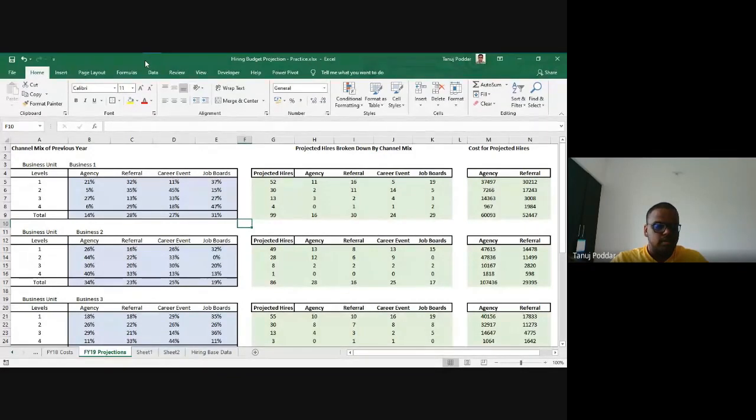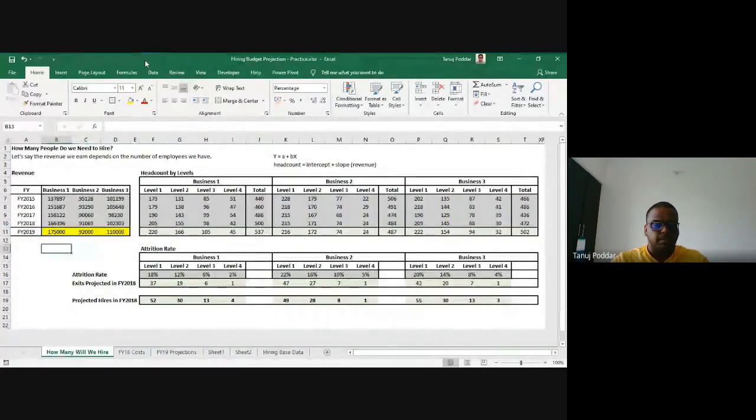Then in some places there are also things related to revenue and productivity, right? In some businesses we have revenue and headcount, just like what we were seeing here. If we look at these businesses, I'll do a very quick calculation: for generating this much revenue, this was the headcount.